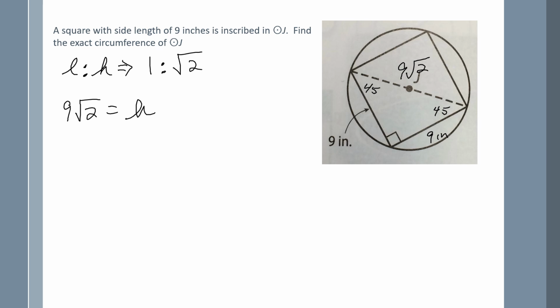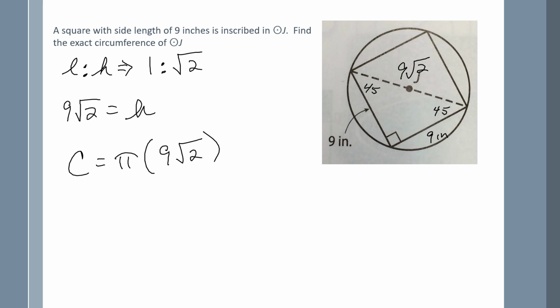Now I'm going to take this and find the circumference. The circumference is equal to pi times the diameter, which is 9 square root of 2. So now we just plug all this into a calculator.